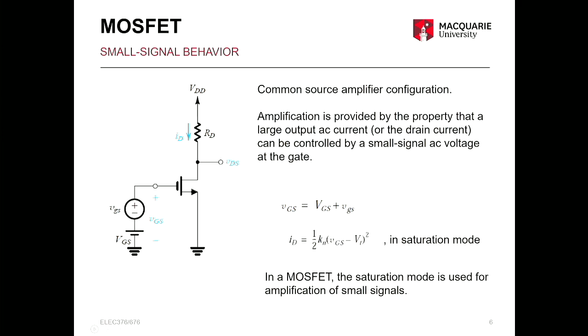What you see here is a common source amplifier. Why is it called a common source amplifier? The source is grounded, but is that enough to call it a common source amplifier? Where does the word common come from?